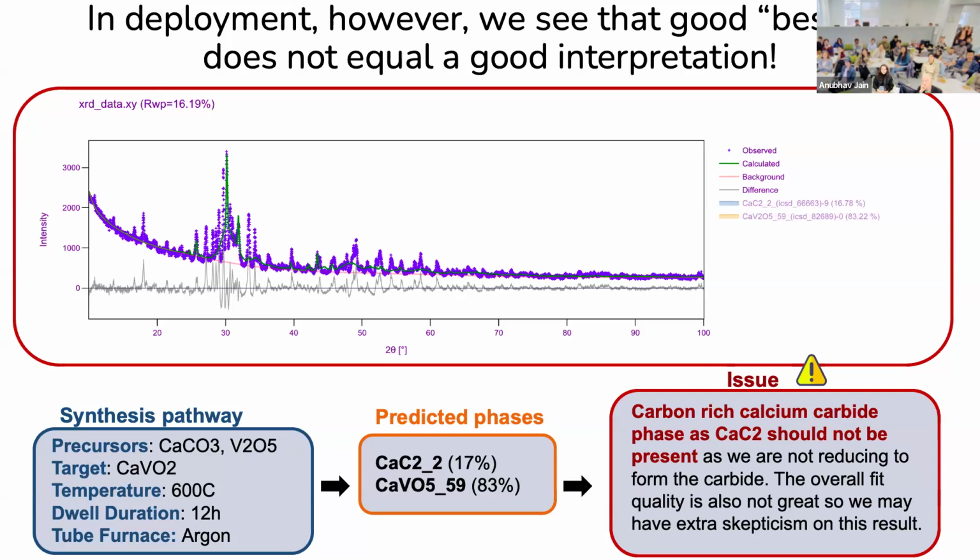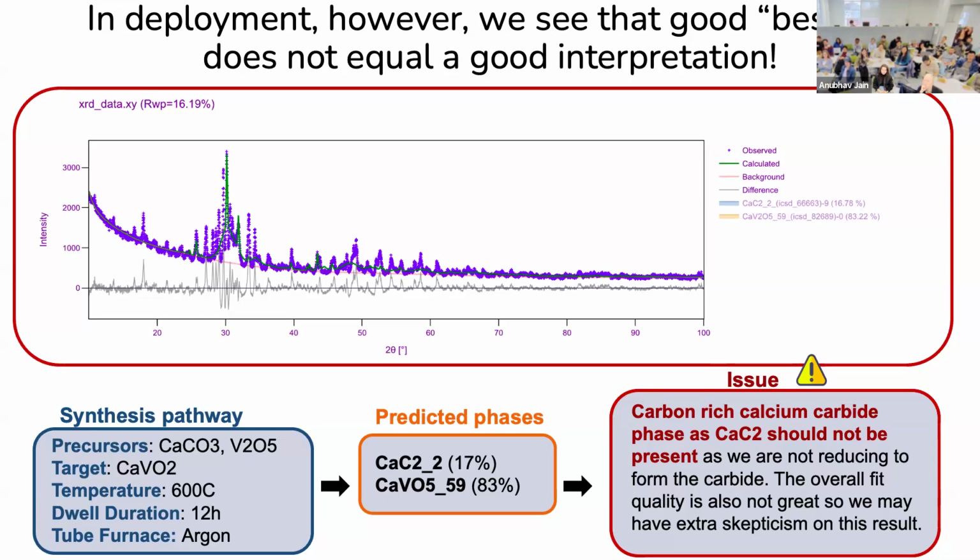It has calcium carbide, CaC2, as one of the predicted phases. Under these synthesis conditions, the carbide is not going to be reduced; there's going to be some oxygen attached to it. In a one-at-a-time characterization, an expert would look at this and say, this one doesn't make sense, let me move on to the next pattern and see if that makes sense, and if it does, I'll accept that pattern.